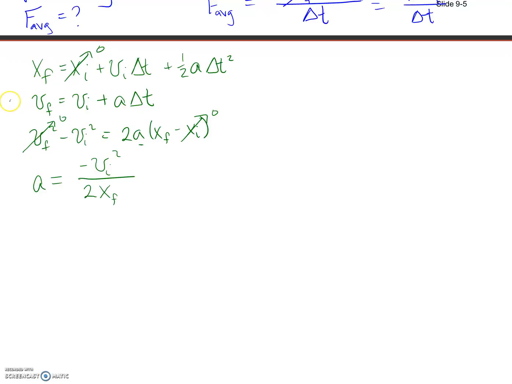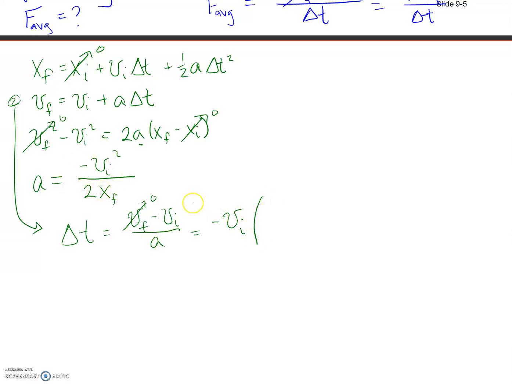I'm going to use equation 2 right here and plug in this for the acceleration. So first I'll solve for delta t. Delta t is equal to v final minus v initial over a. My final velocity is again 0, so this is negative v initial divided by a. Here's a.